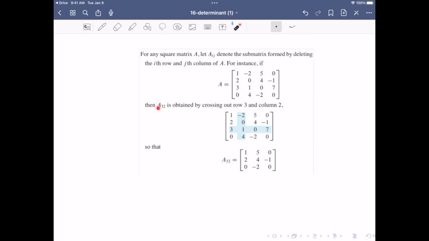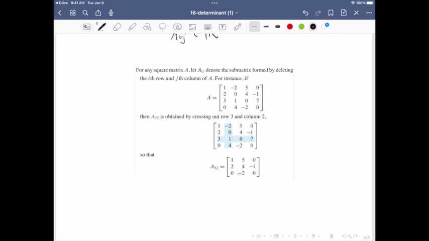It's a one-dimension-less square matrix, so a 3 by 3 matrix, which is given by deleting the third row and second column. So if we delete this row and this column, then we get A32.